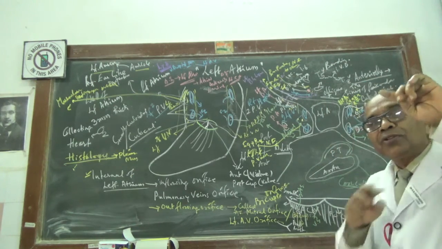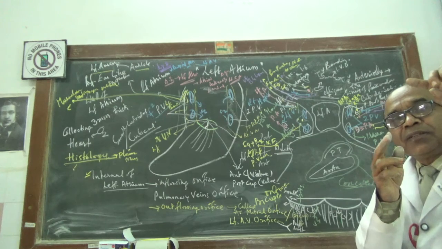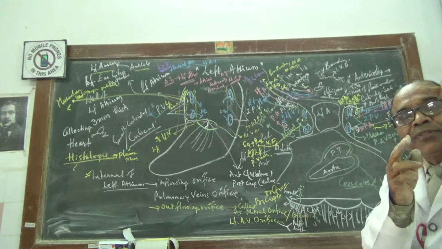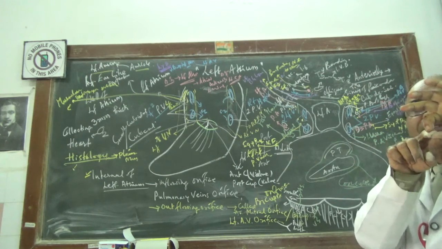So the internal jugular vein and the left subclavian vein unite, and there the thoracic duct opens.